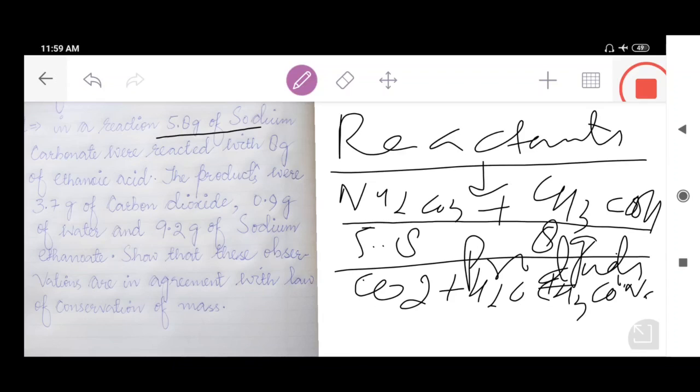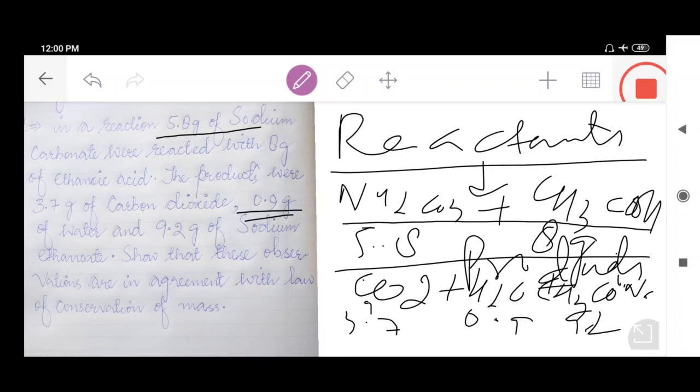So we have 3.7 grams of carbon dioxide, 0.9 grams of water, and 9.2 grams of sodium ethanoate. So this was the data.